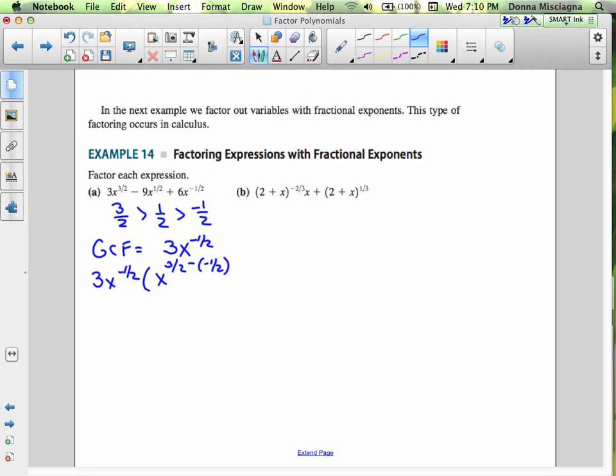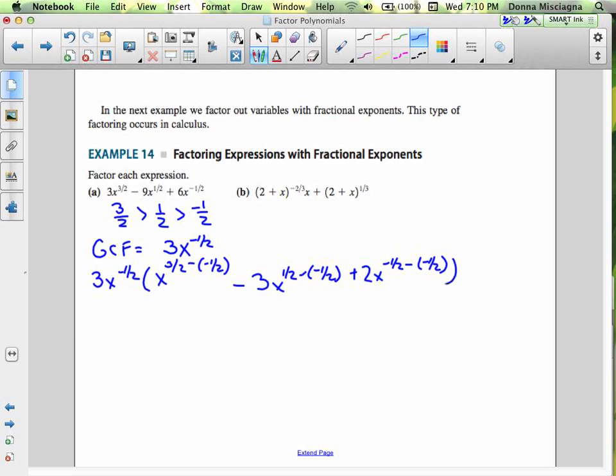Then we have minus, and 9 divided by 3 would be 3, and then x to the 1 half minus negative 1 half. To divide like bases raised to a power, we subtract the exponents. And then 6 divided by 3 is 2, and then we have 2x to the negative 1 half minus a negative 1 half.